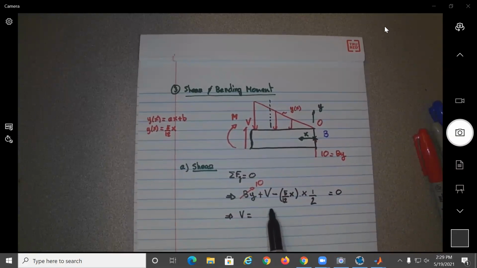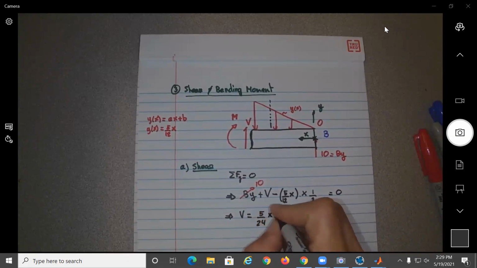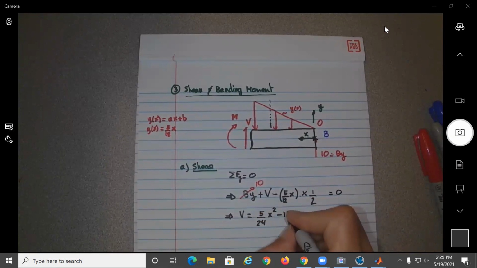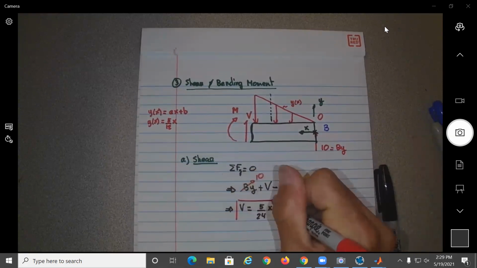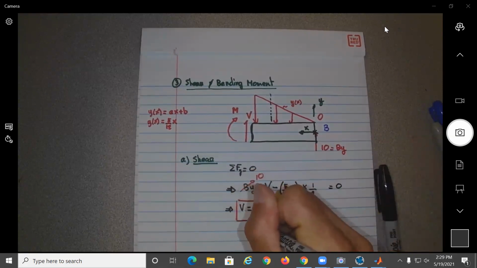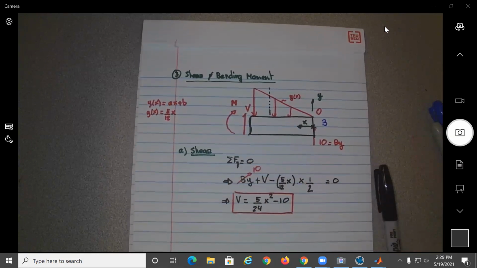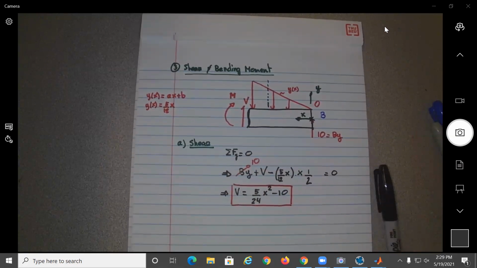So we get 5 over 24 x squared minus 10. So this should be the shear equation.